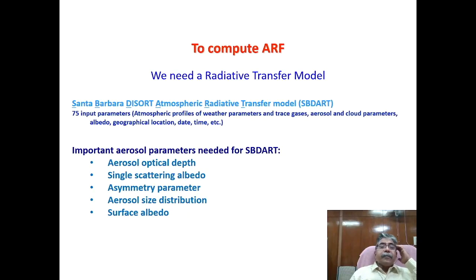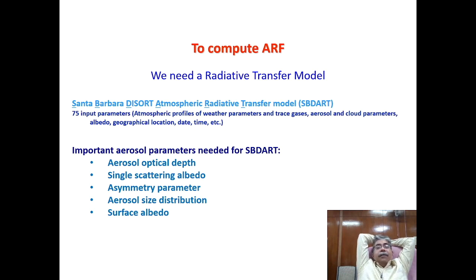So in order to compute the aerosol radiative forcing, we need a model which is usually called the radiative transfer model. One of the most commonly used radiative transfer models is the Santa Barbara Resort atmospheric radiative transfer model. Generally, we know it by the name SBDART.